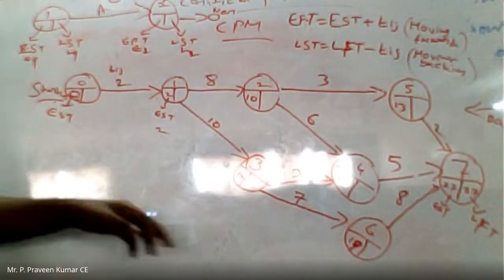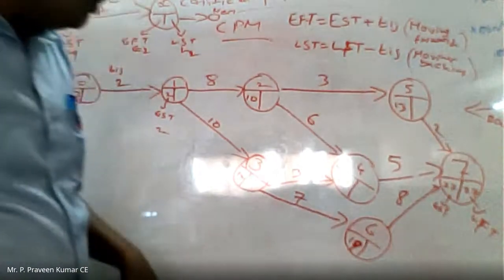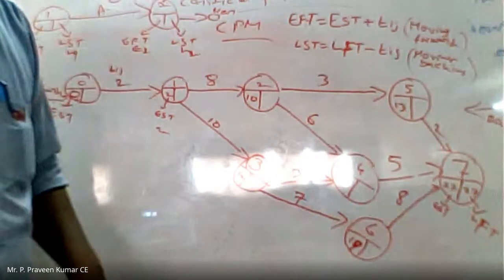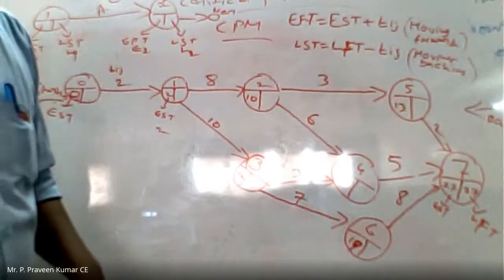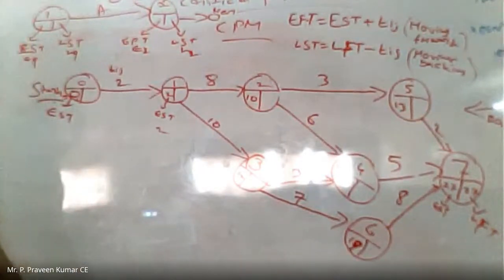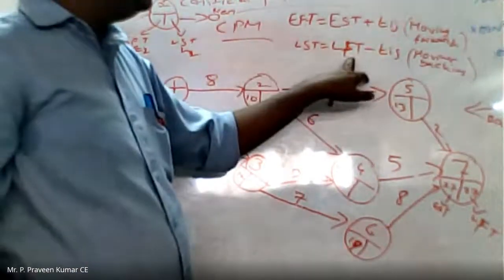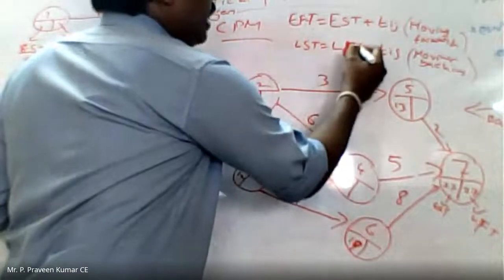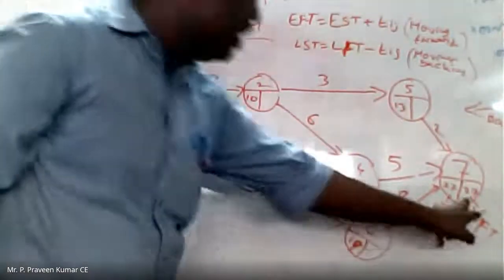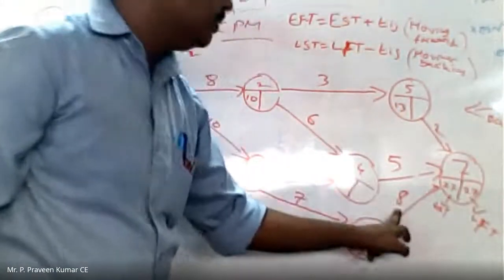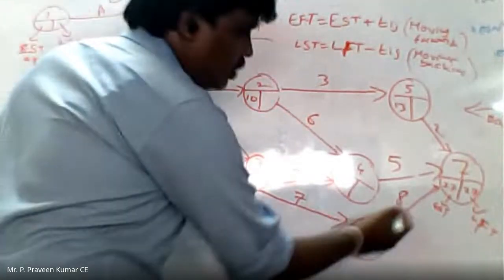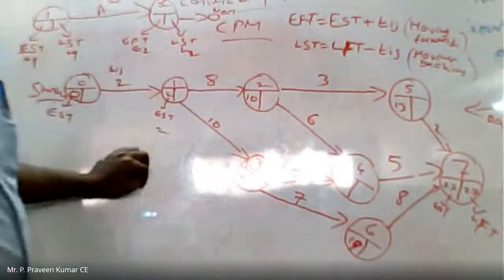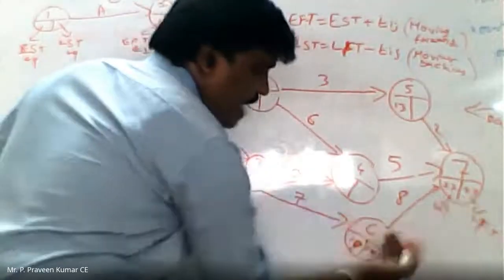Now coming to this, LST is LFT minus TIJ. What is LFT? 27 minus 8 is 19. So we are coming backward.